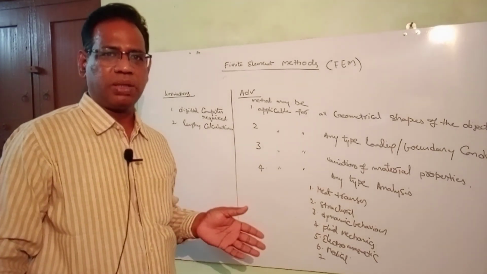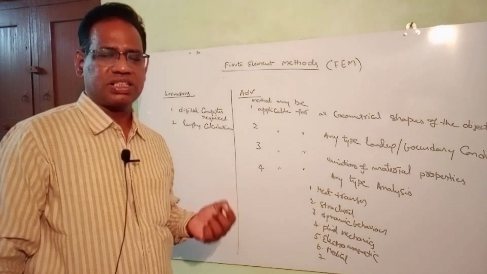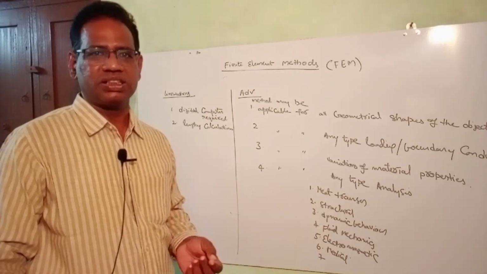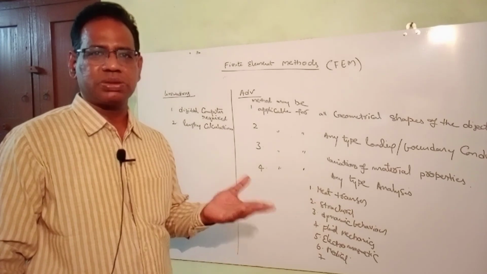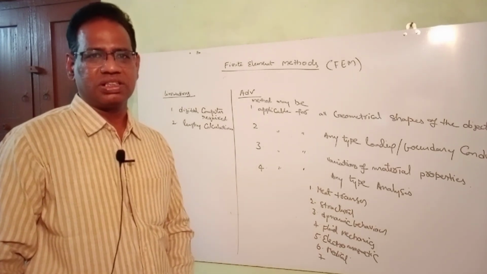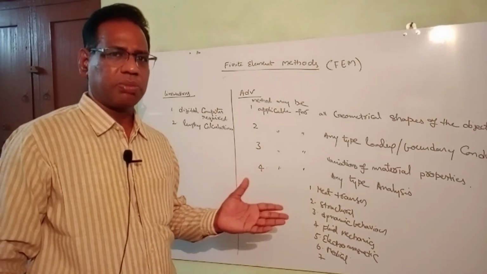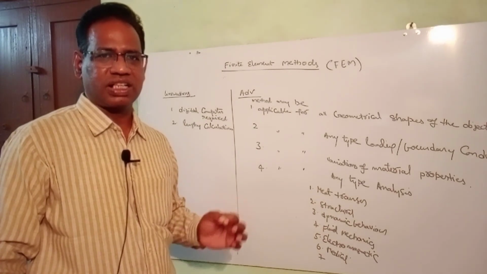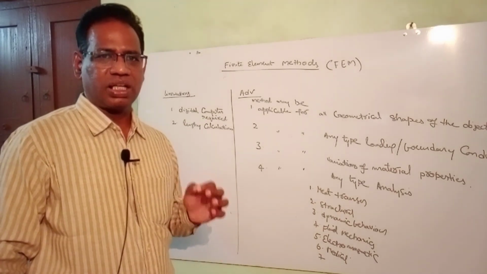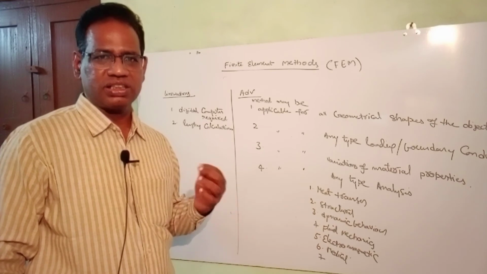If it is a complex shape, you can predict the stress, strain, deformation at any location with a value that is not possible with conventional methods. At any location we can calculate stress, strain, deformation, deflection, temperature and intensity of stress.